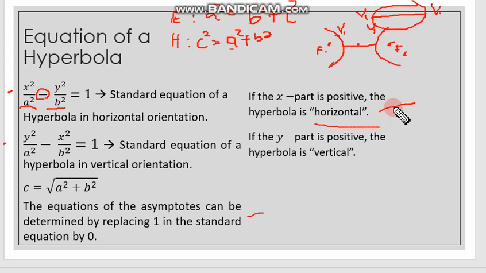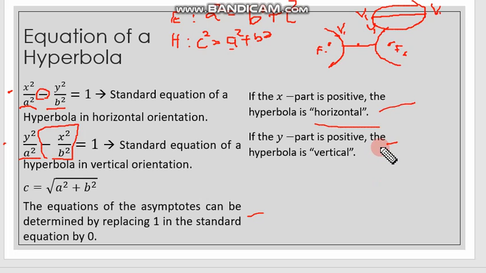Therefore, our hyperbola is horizontal. Another one, if the y part is positive, the hyperbola is vertical. The y part here is positive, while the x part is negative. Therefore, our hyperbola is vertical.